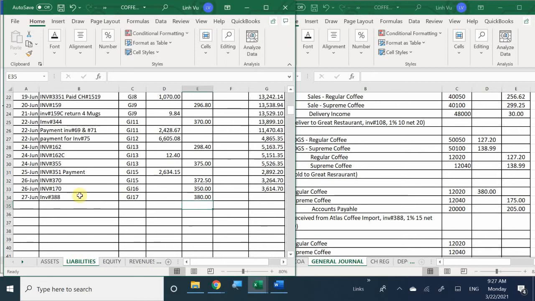So what is the amount that I owe? 3,994.70. Good. All right, what's next?